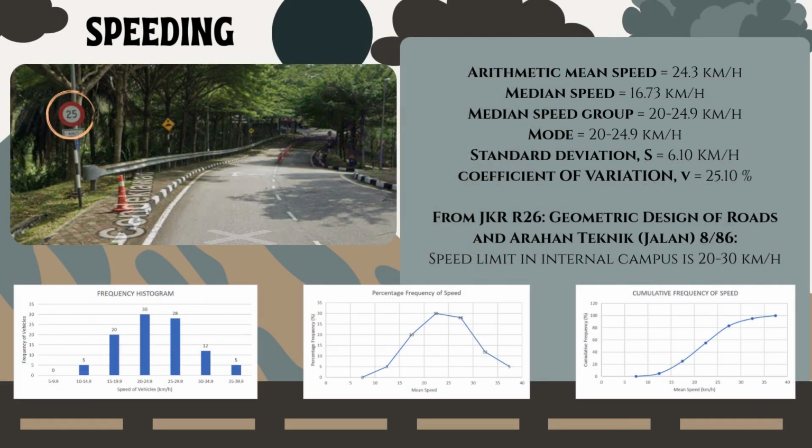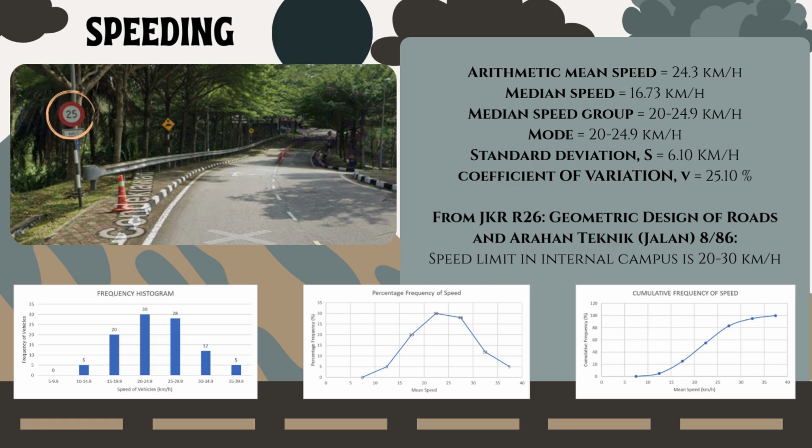From the data obtained, produce a frequency histogram to identify the most common speed in that particular area. The highest bar in the histogram indicates the common speed, which at this junction is in the range of 20 to 24.9 km per hour, which is equal to 30 vehicles. For the arithmetic mean speed, it gives a single value that reflects the overall average speed of the vehicles.